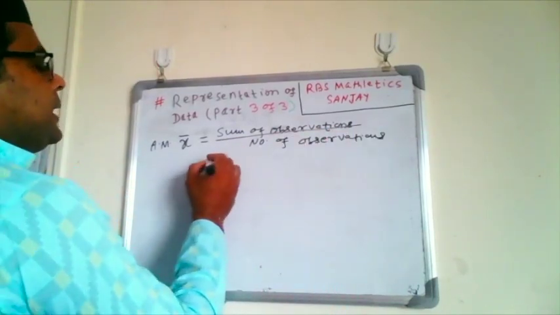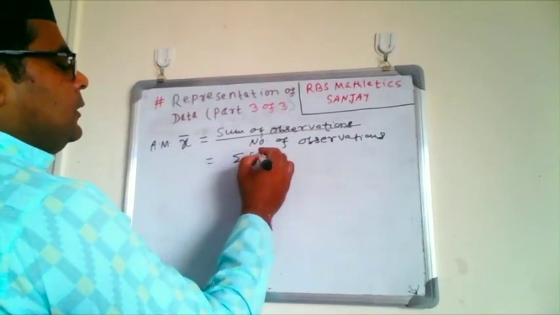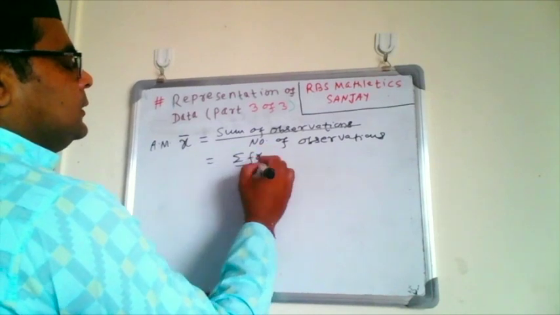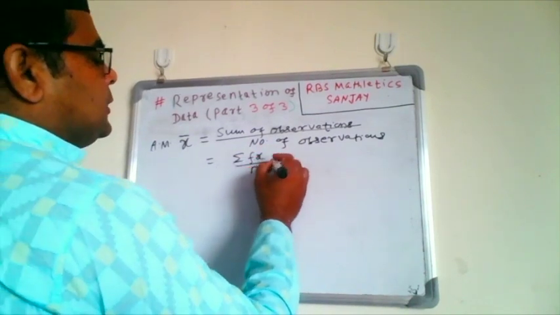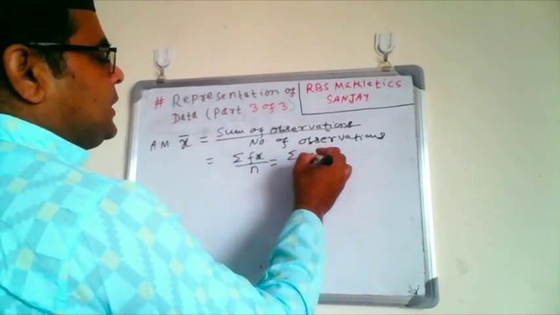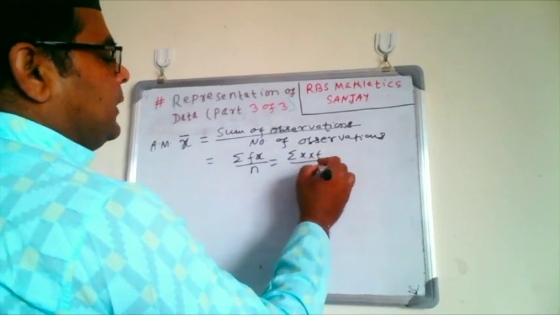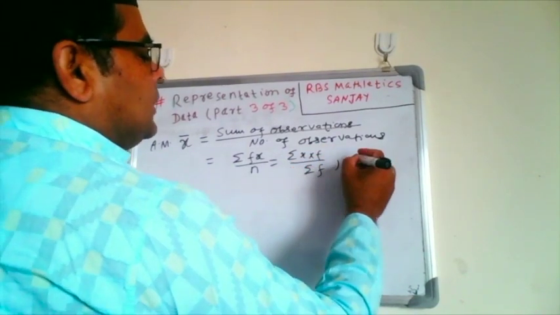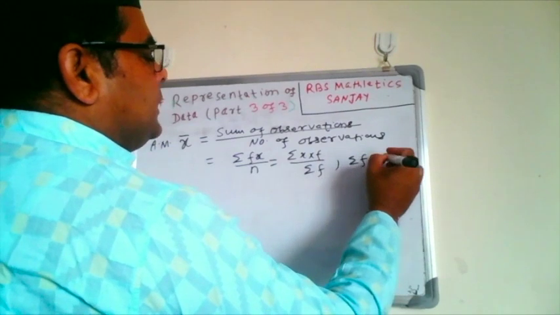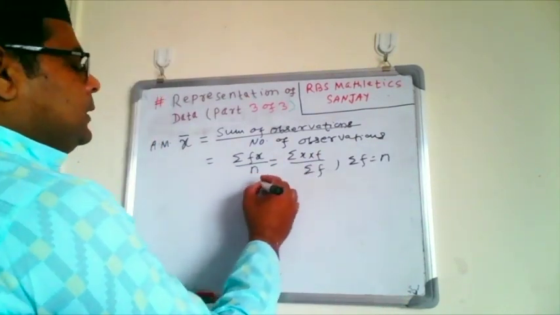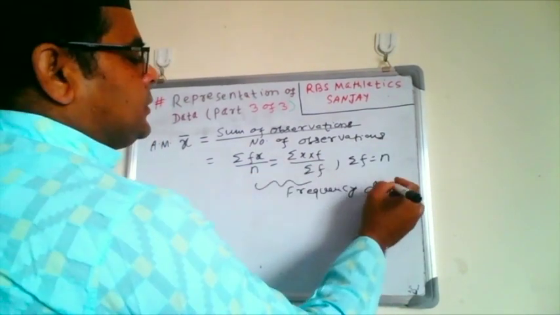That means x bar is defined as summation of fx by n, or you can also write summation of x times f by summation of f, because summation of f itself is n, and this is for the frequency distribution.